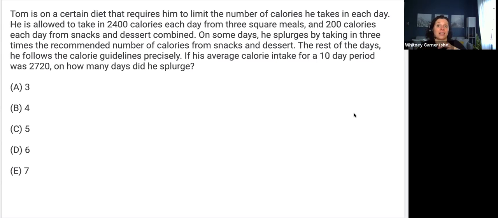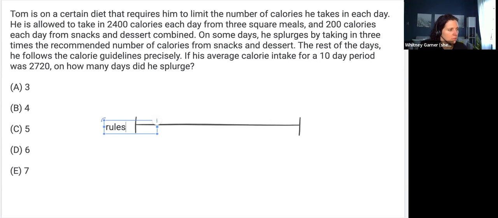But then we get an average calories for the whole 10-day period. So it's like subgroup, everybody combined. And so if we start to build this out, all right, he follows the rules, right? So on the days where he follows the rules versus the days he splurges.